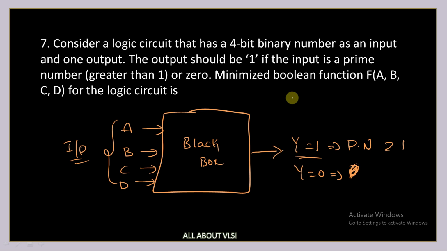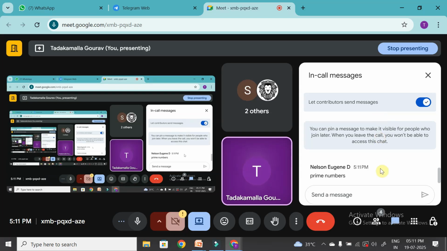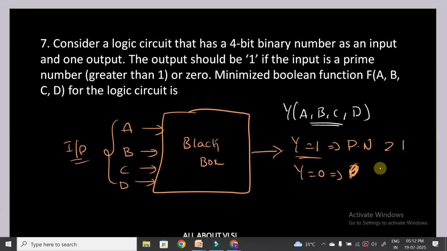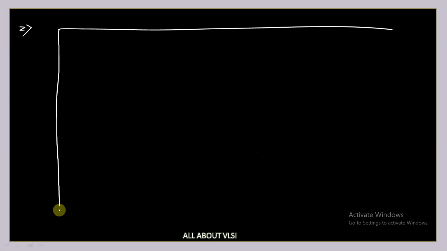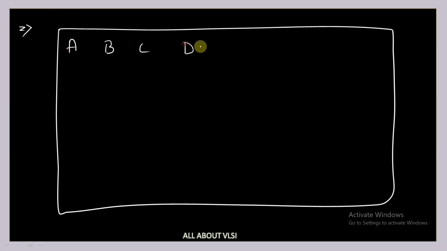We need equation for output y in terms of A, B, C, and D. Okay, so I will also do this parallelly. So I can draw a simple truth table.